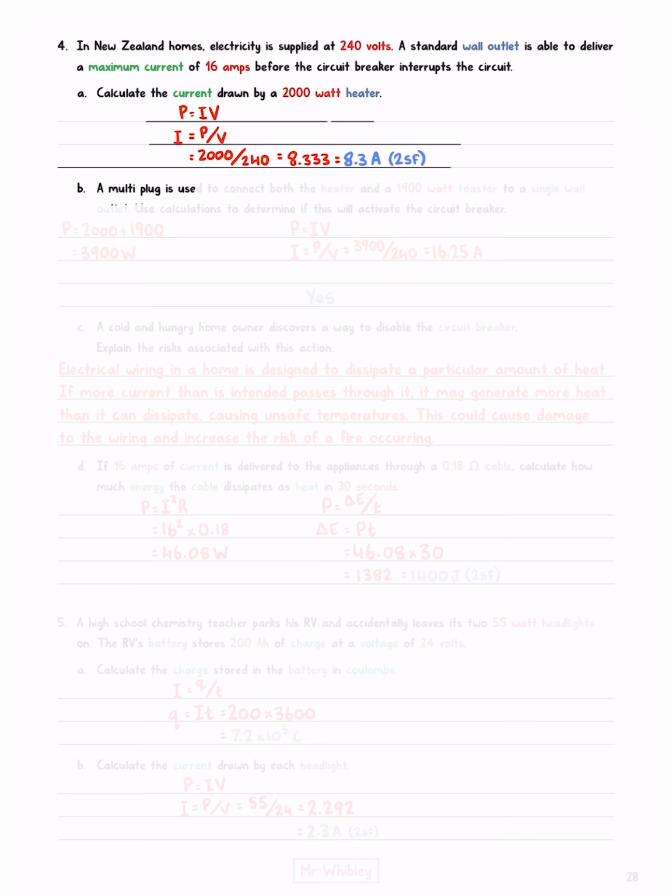A multi-plug is used to connect both the heater and a 1900 watt toaster to a single wall outlet. Use calculations to determine if this will activate the circuit breaker.